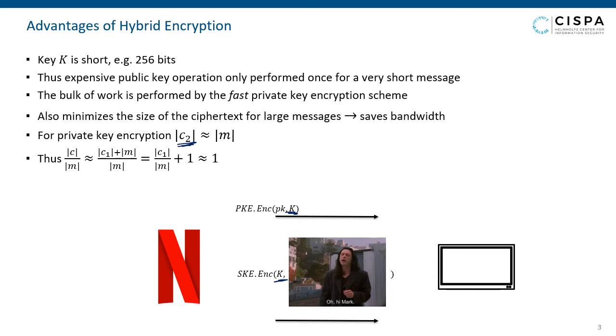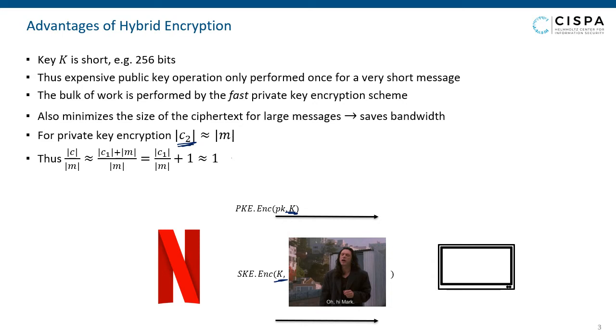So really the only overhead we have to pay is this additional ciphertext C1, which encrypts the key K. But we said this ciphertext C1 encrypts only this key K, a small number of bits, 256 bits.